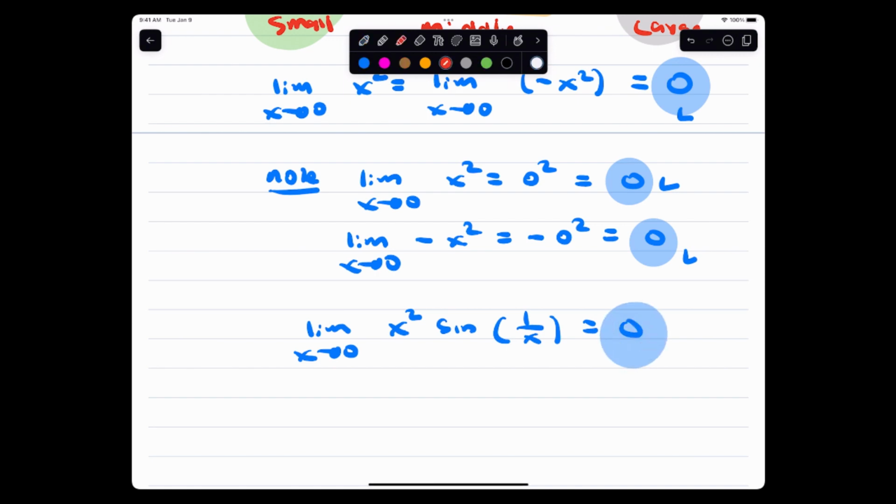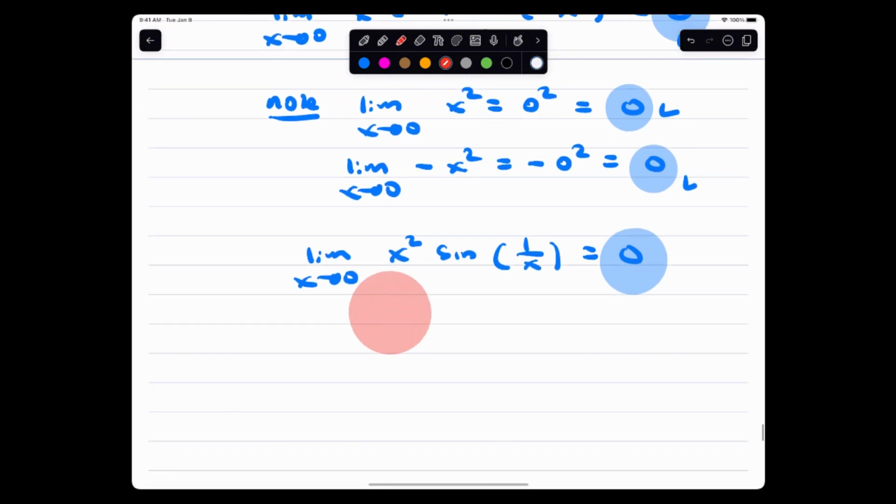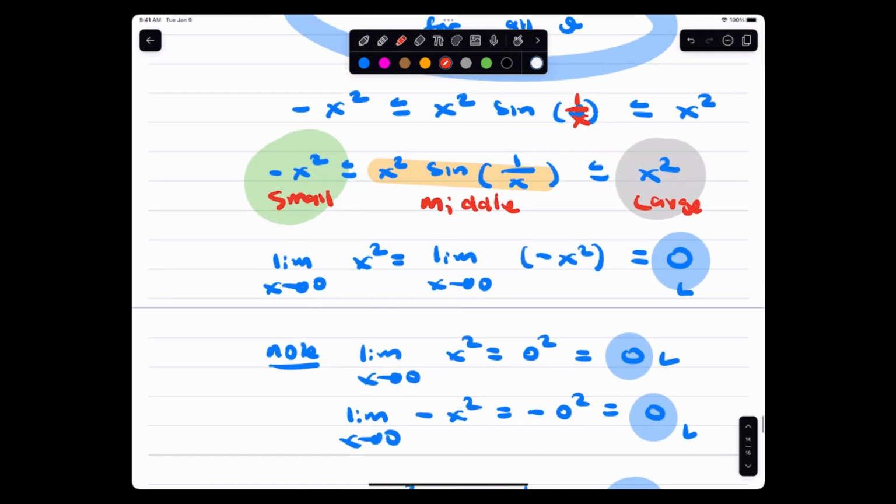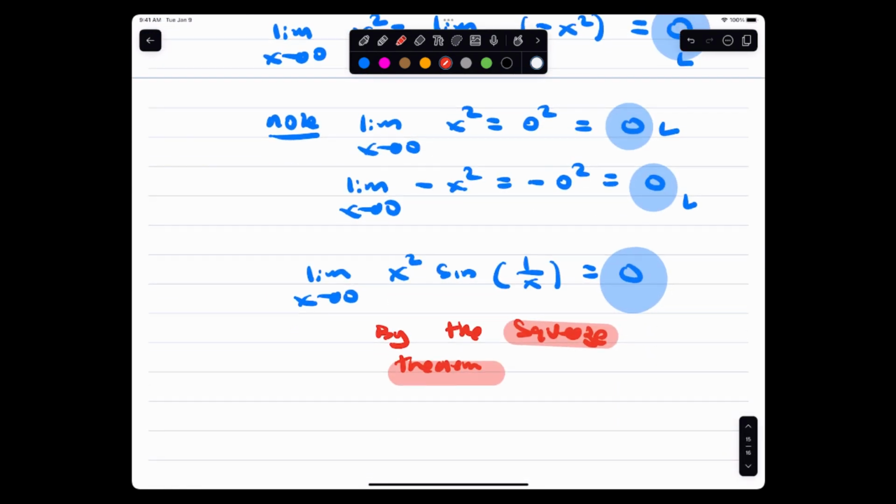But you also want to say this, ladies and gentlemen, and this is extremely important as well: you can say by the squeeze theorem. This is a big, big deal.